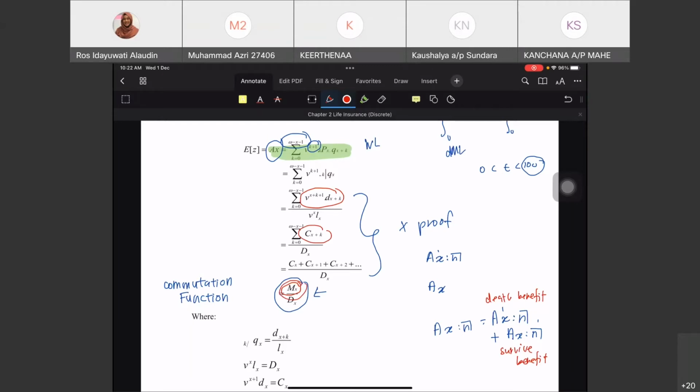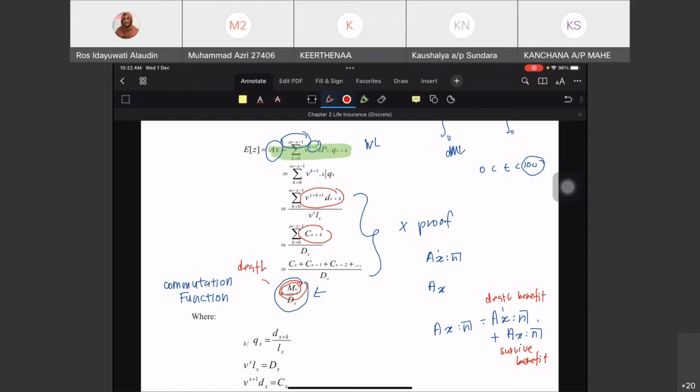Mx represents the summation of the discount function times the number of deaths, divided by the number of survivors, lx. So Mx refers to the death case. It is the summation of the number of deaths times the discount function from 0 until 100.